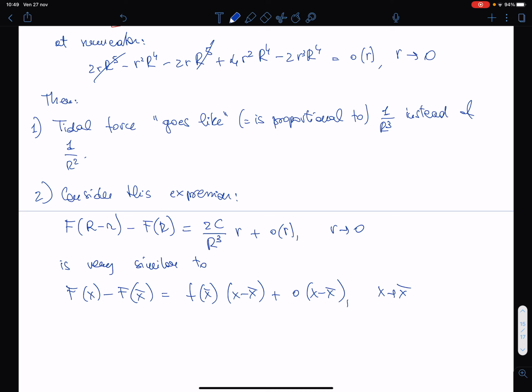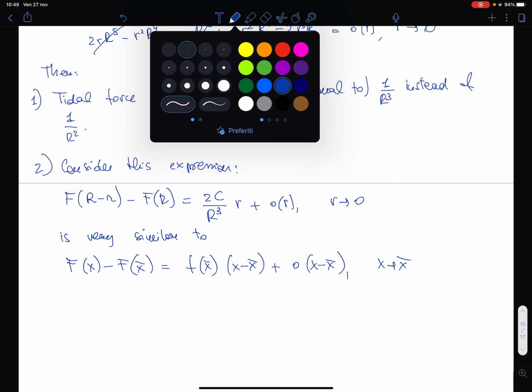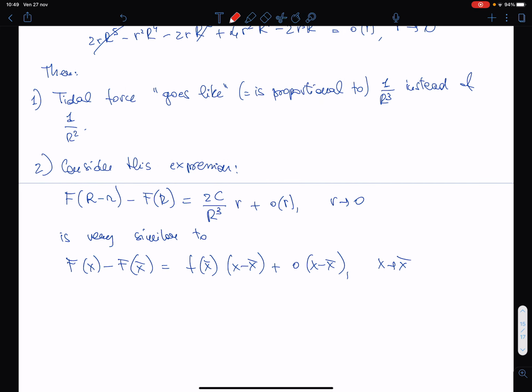And so what we have here is, let us try this formula now. Here, starting from here, this is the difference between the forces in 2 points, and here we have the increment in F.